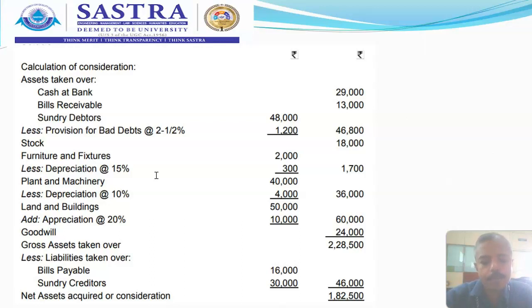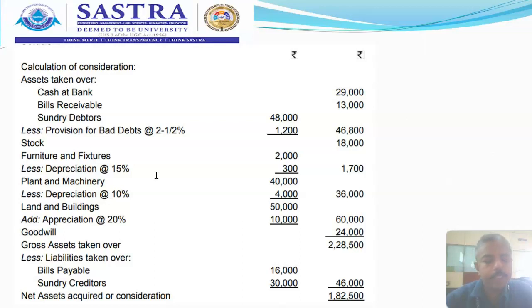So the total value of land and building is rupees 60,000. Now all the assets taken over by the company during acquisition have been summed up, but only the realizable value of assets. So the total amount comes to 2,28,500.